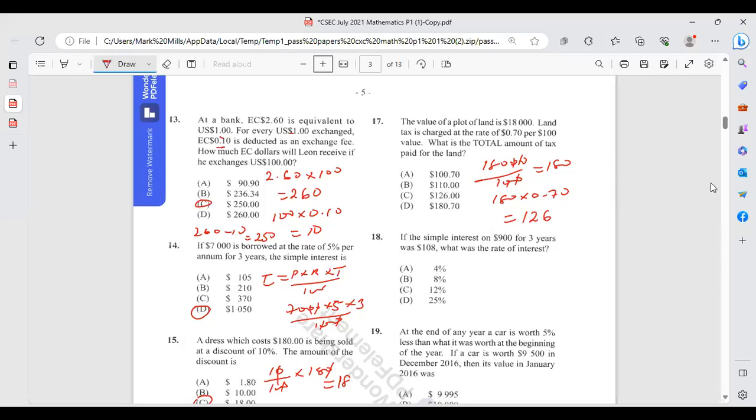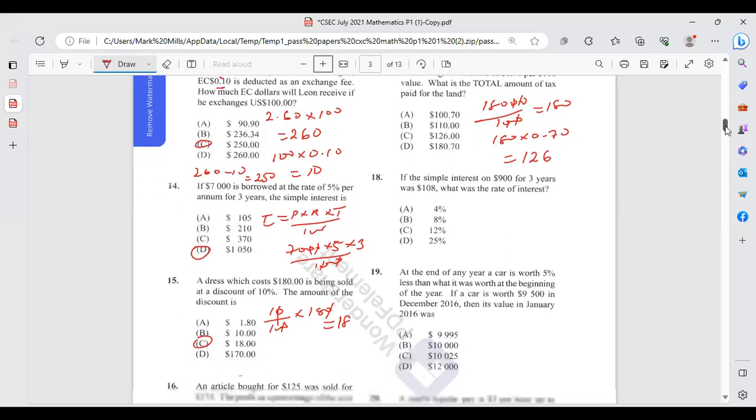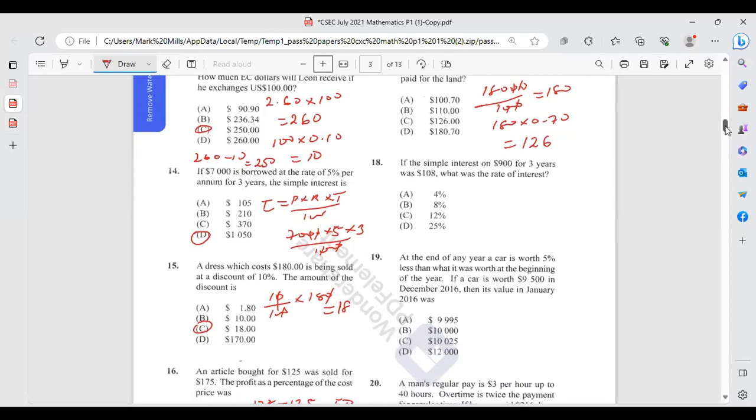Number 18. If the simple interest on $900 for 3 years was 108, what is the rate? Interest times 100 over principal times time.